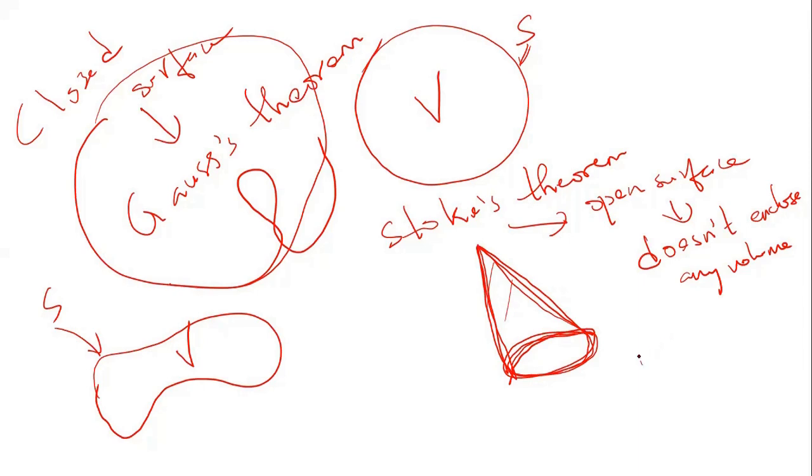And also you can consider a semisphere. If you have a hollow sphere and you cut the hollow sphere into half, you will have an open surface like this, bounded by a curve.